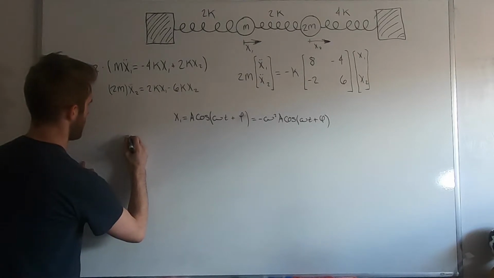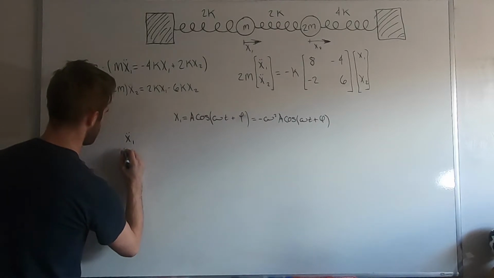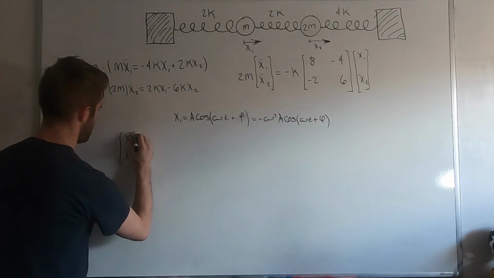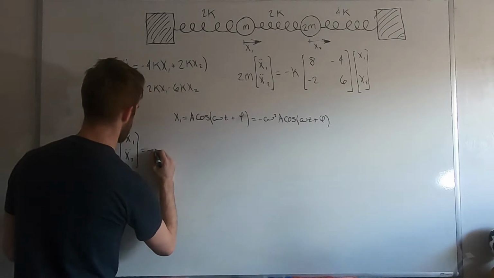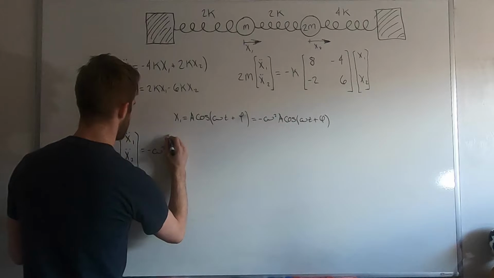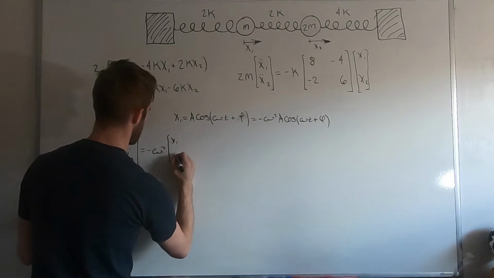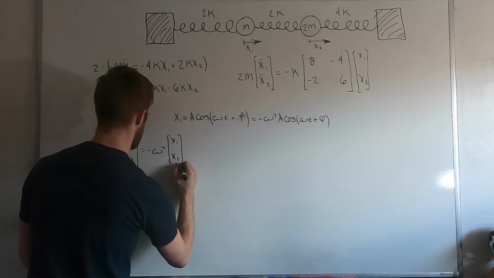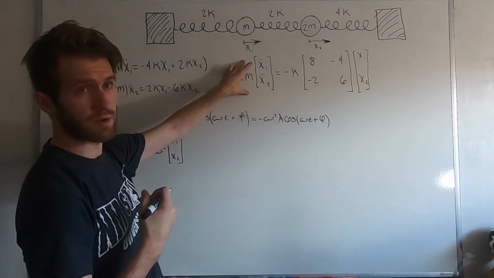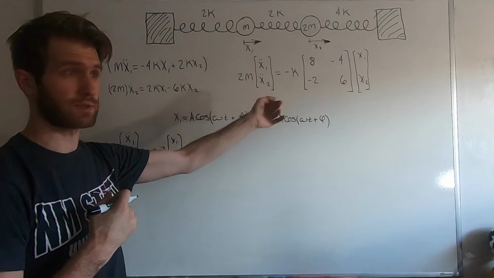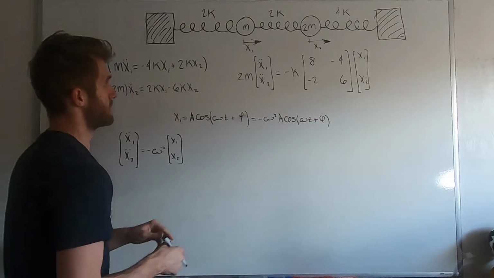And basically what we can do now is write out what this must be. So x1 double dot, x2 double dot is going to be equal to minus omega squared times just x1, x2. Right? So there you go. This is what we're going to be effectively substituting in for our differentials here. So let's do that.